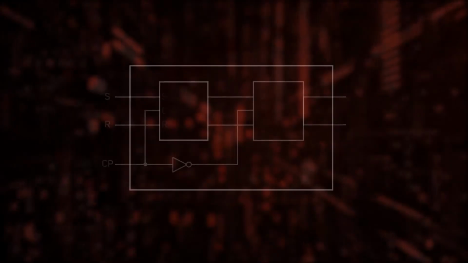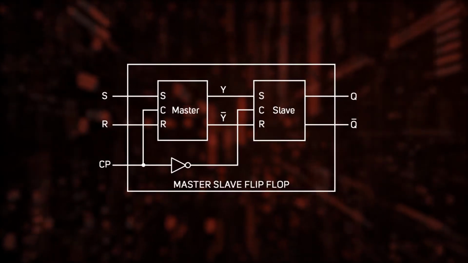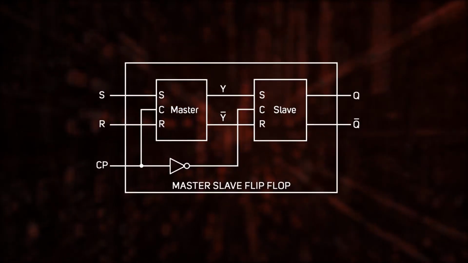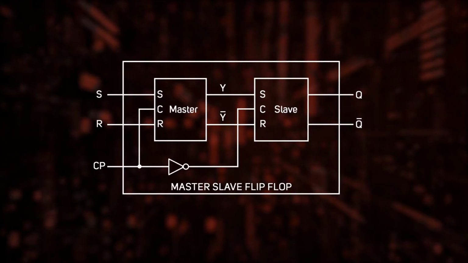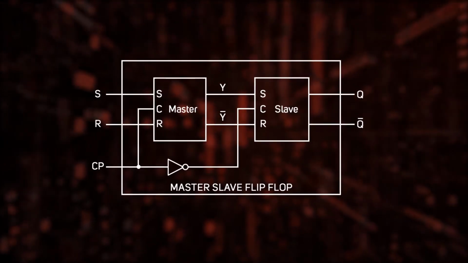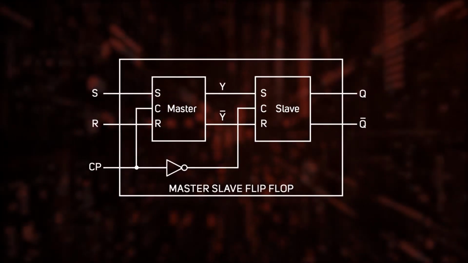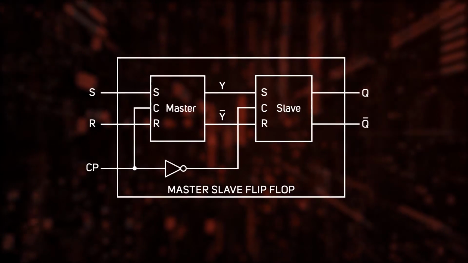We will begin with SR master-slave flip-flop and check the block diagram. There are two flip-flops that are similar. The only difference is in the application of clock pulse. One flip-flop receives the clock pulse as it is and it is the master flip-flop, and the other receives the inverted clock pulse, which is the slave.